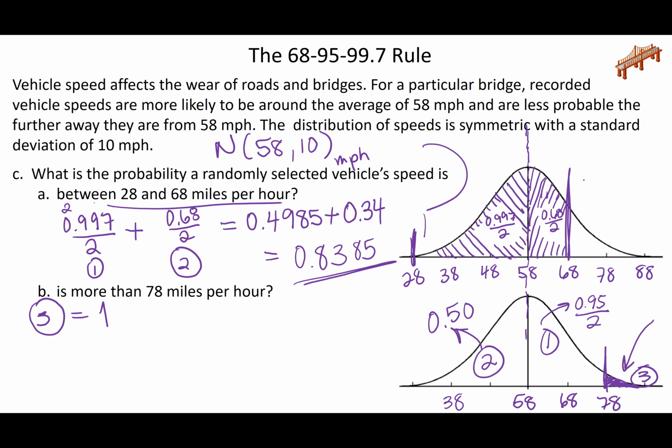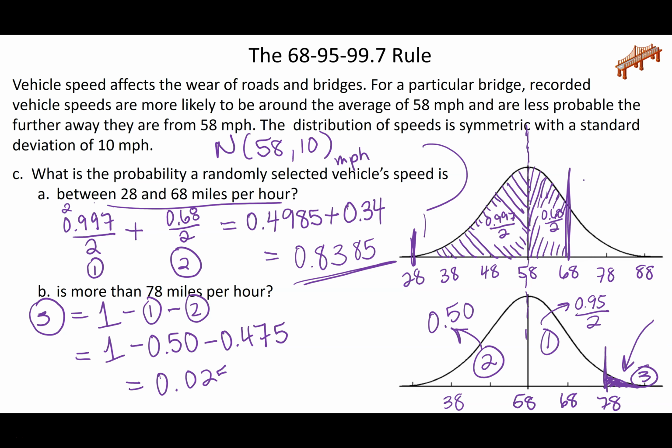So this third part, 3, is equal to 1 minus my first wedge minus the area in the second wedge. So my area will be 1 minus 0.5 minus 0.475. I'm going to end up getting 0.025.